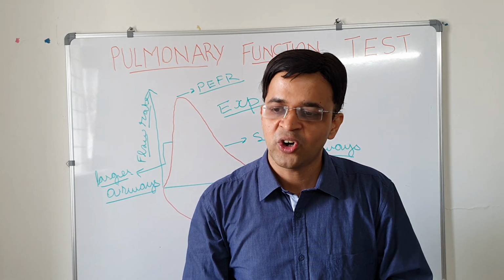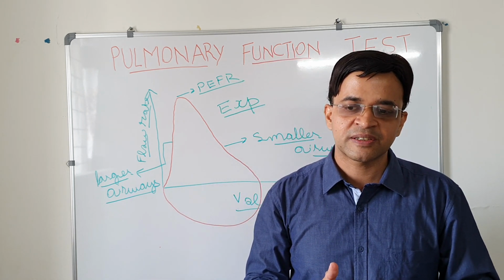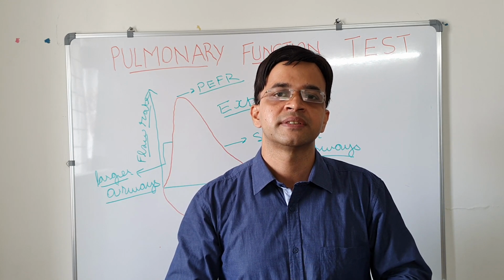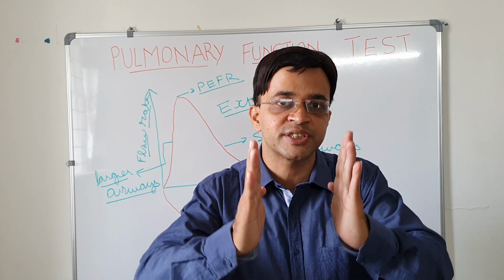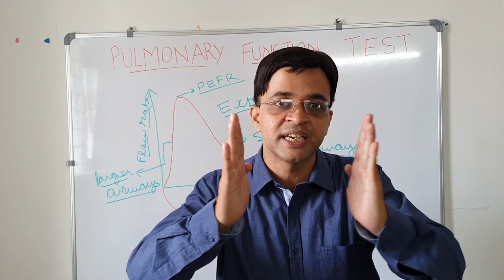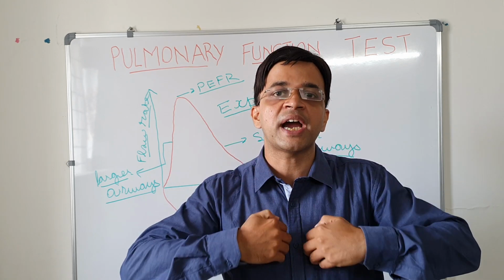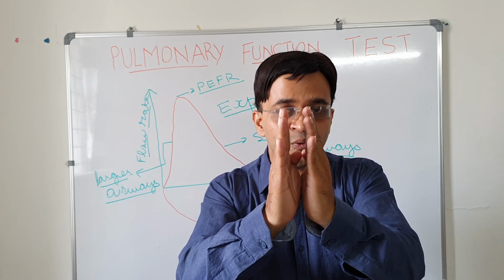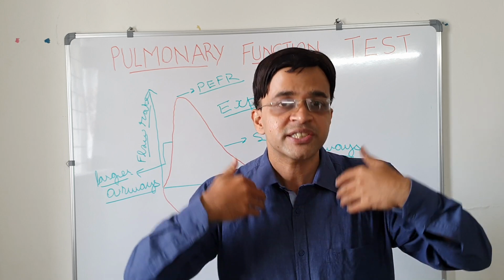Or in other words, you have to focus on what is happening to lungs in expiration. When you are expiring, the lungs are actually collapsing. The tubes are actually collapsing. Their walls are coming closer. When you are inspiring, the lungs are expanding. The walls of the tubes are moving away from each other. Now you just think again.